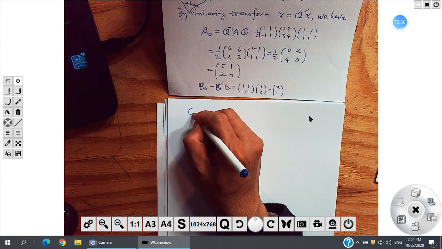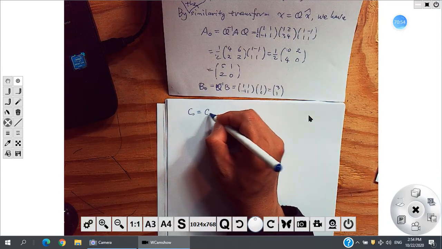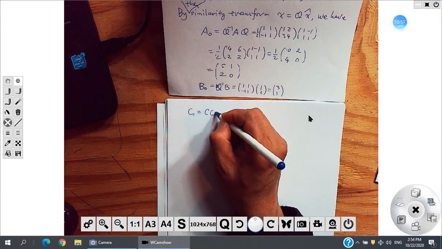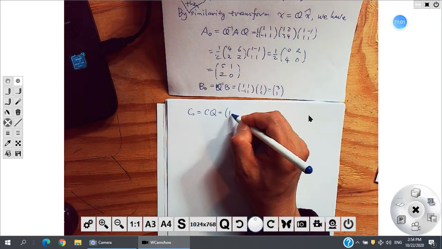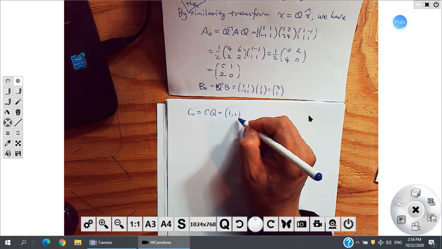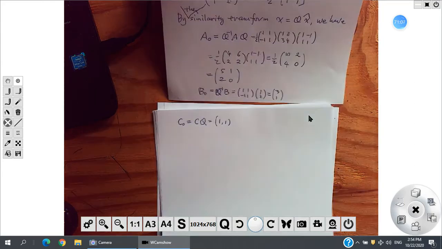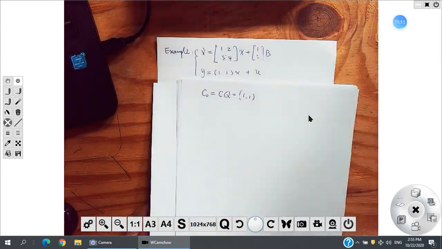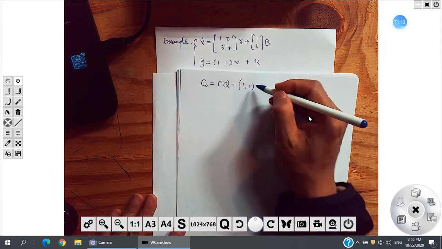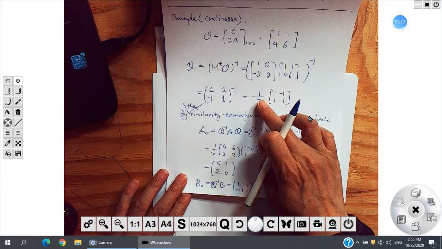CO, there will be C times Q. C is 1 and 1. Right? And Q is a half and this matrix.